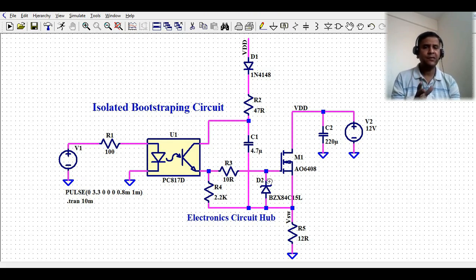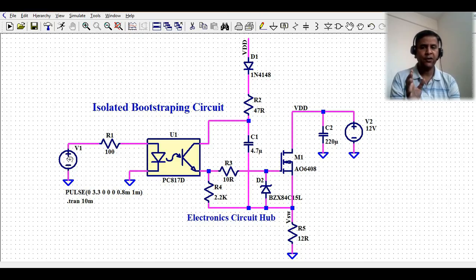Let's understand the circuit flow. From this side, V1: assume this signal is coming from your microcontroller. Here I have used a pulsating voltage source.